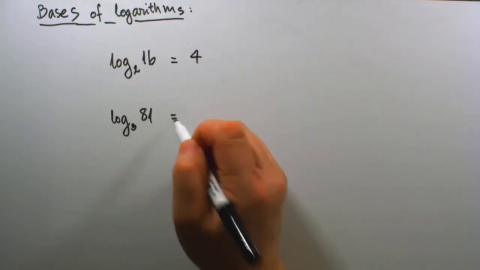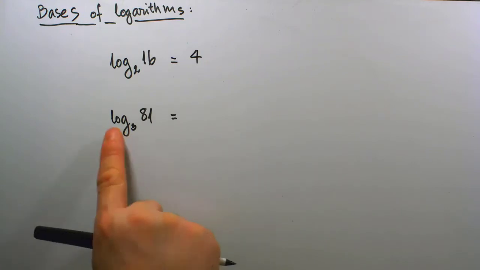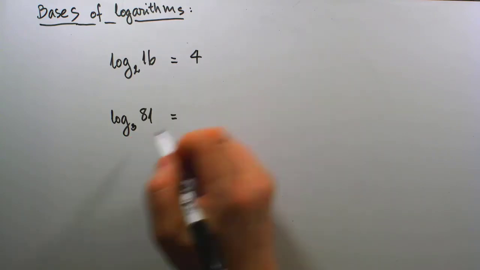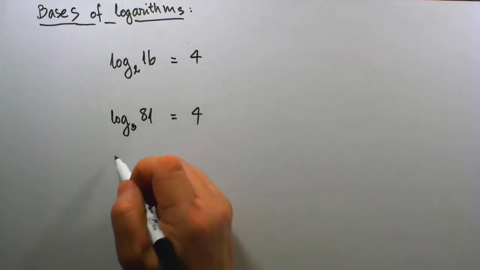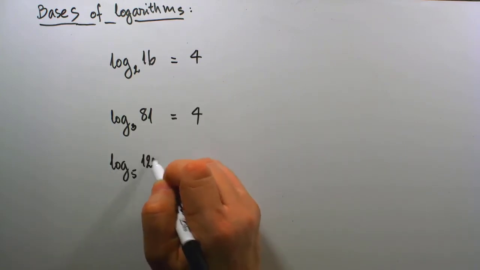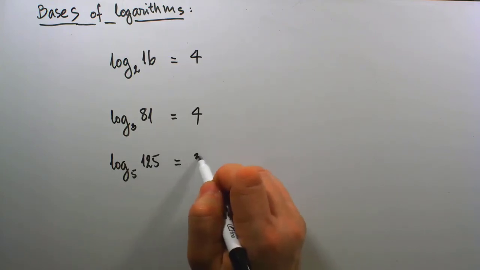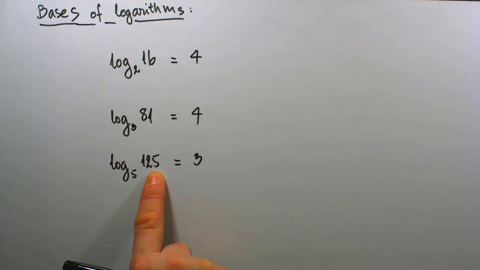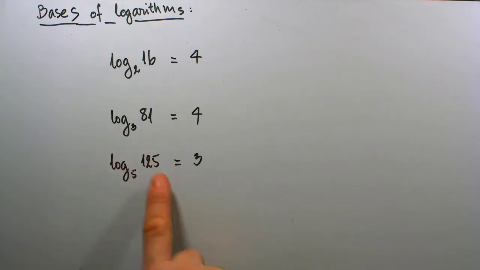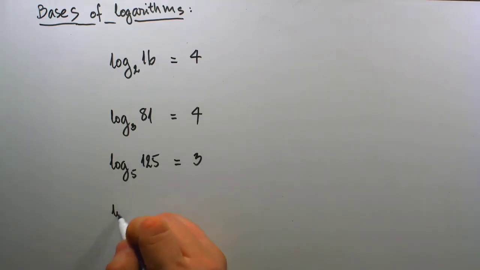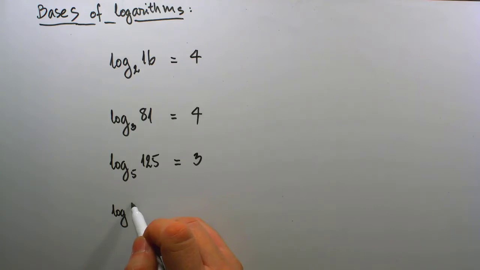This asks what power of base 3 equals 81, and that power should be 4 again. I also asked for log base 5 of 125, and the answer back then was 3. It's the question: what power of base 5 equals 125? That's power 3.